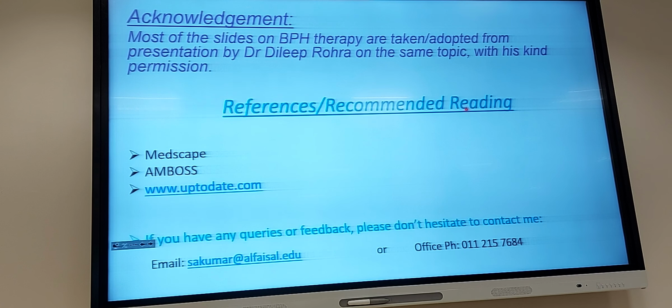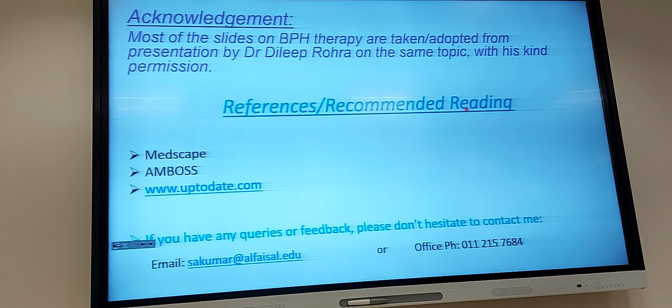But if you have somebody who has hypertension as well, and you want to control his hypertension with the alpha blocker, then you will go with the non-selective alpha-1 blocker, like terazosin or doxazosin. So if you want to achieve both ends, blood pressure as well as BPH symptoms, then you will go with those. But only for BPH, then you will go with the alpha-1A selective.